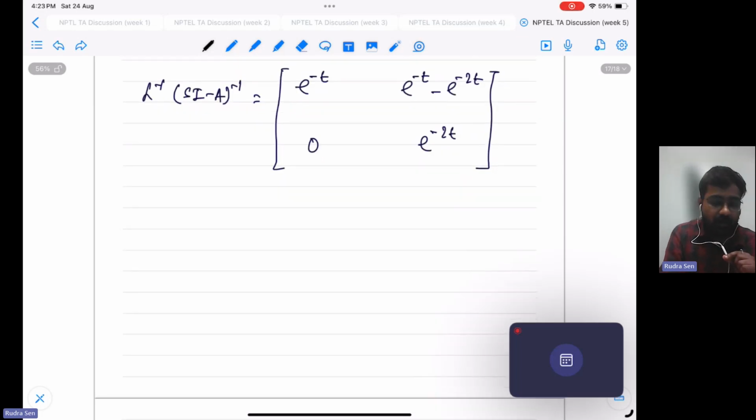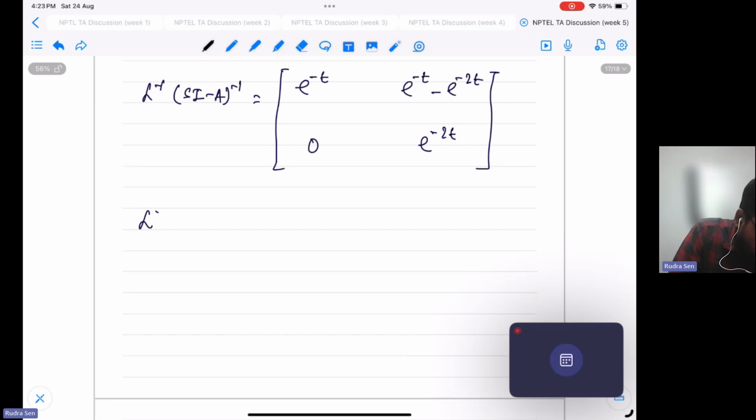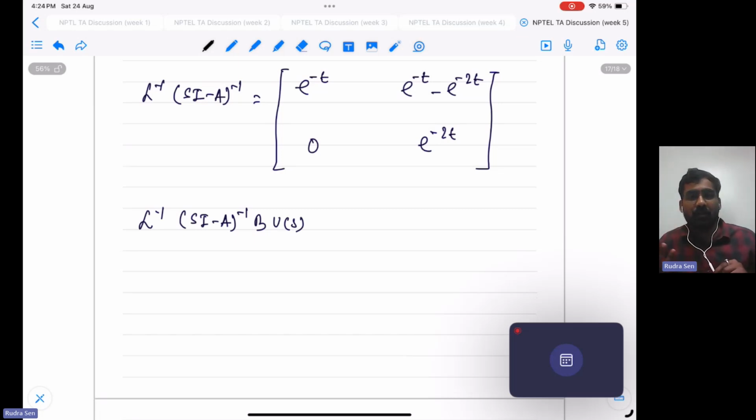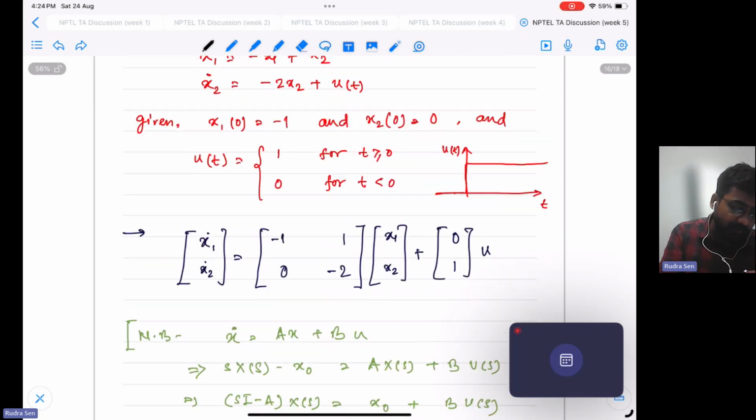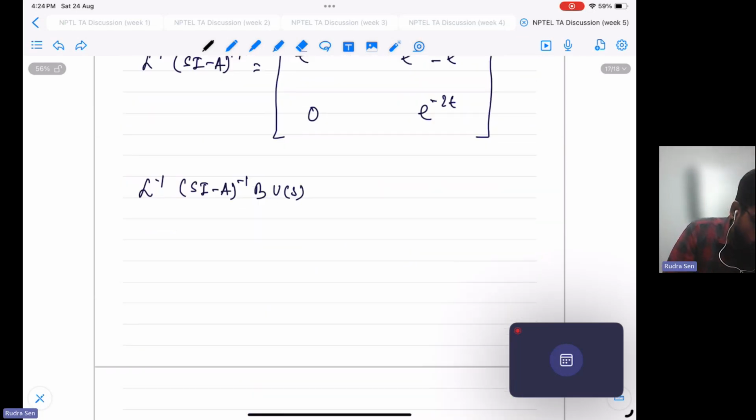Next, you have to find the Laplace inverse of (sI minus A) inverse B into U(s). This is a step input. We know u(t) equals 1 for t greater than or equal to 0, so U(s) should be 1 by s, right?